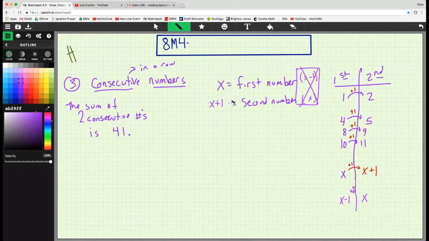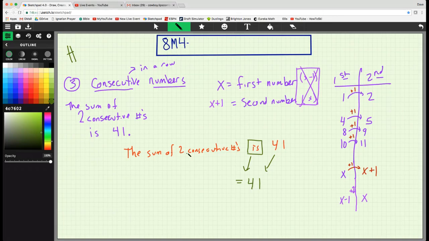Okay, so if our first number is x, and our second number is x plus 1, and I say the sum of two consecutive numbers is 41, let's write this out. The sum of two consecutive numbers is 41. Let's break it down. Is is our equal sign. 41 is 41.